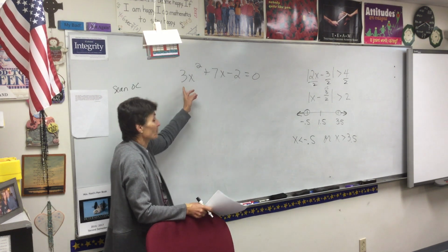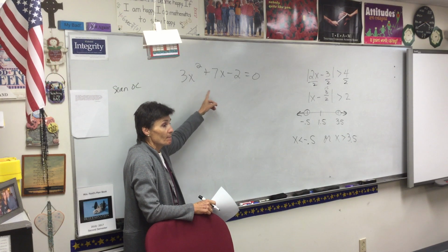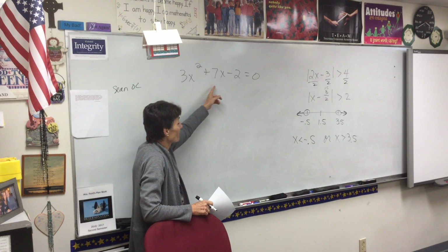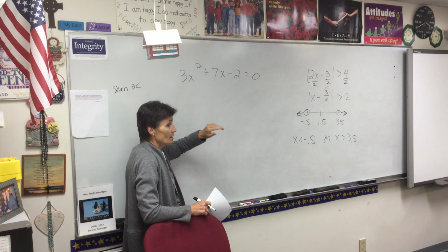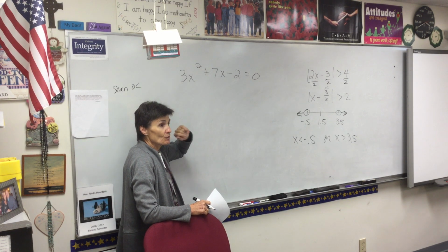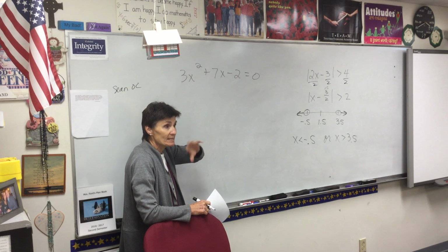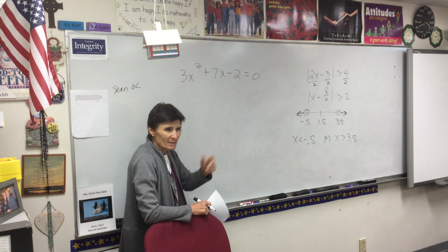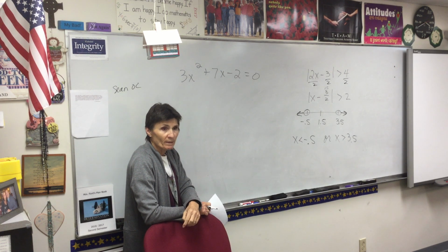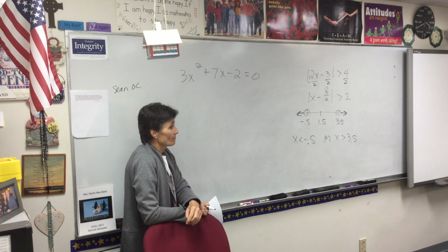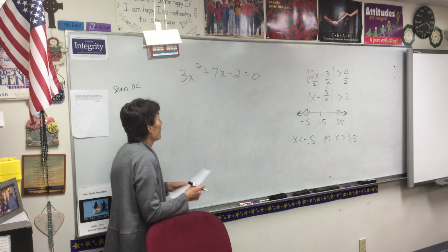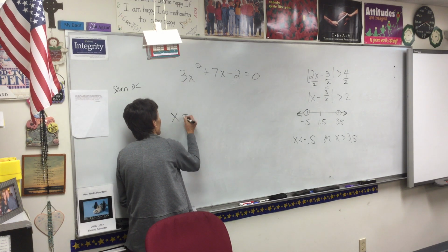There is no way I'm completing the square on that mess, because the first thing I'd have to do is divide by 3, and look at all the fractions I'd have. No way. I don't know if it factors or not, but by the time I do all the guessing and messing around, I could be done with the quadratic formula. So I think that's the best choice, but it's your choice. I don't care, it's up to you. I think it's easiest to use the quadratic formula.